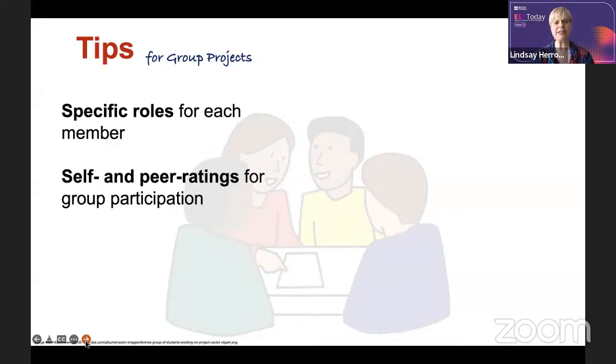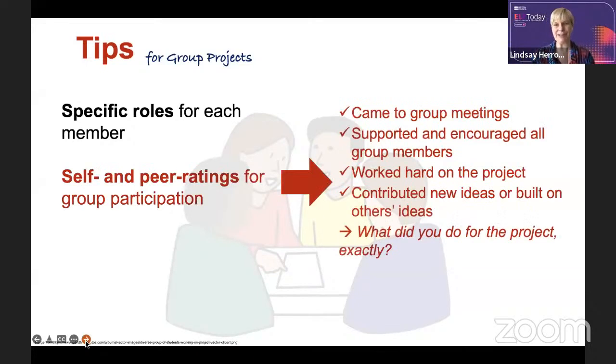I've also used self and peer ratings for group participation so that the students rate their own group participation as well as the participation of their peers. My ratings are pretty basic. It's basically: came to group meetings, supported and encouraged your group members, worked hard on the project, contributed new ideas or built on others' ideas. And then I asked the students to write exactly what they did for the project.